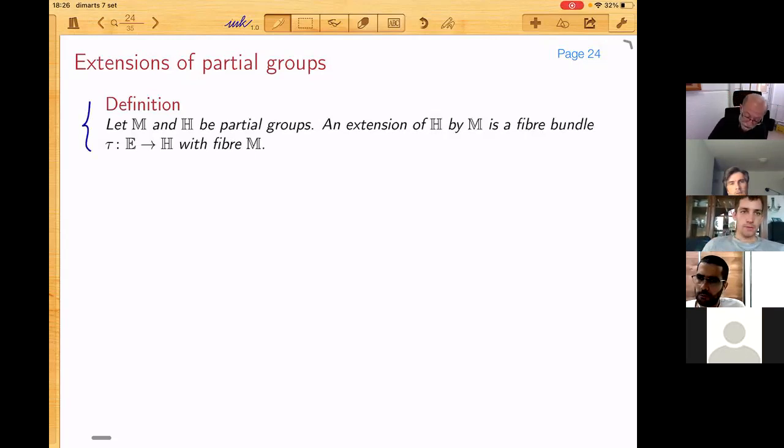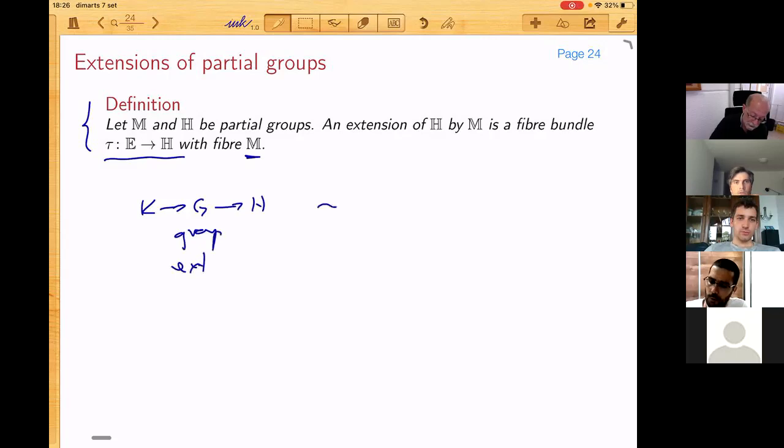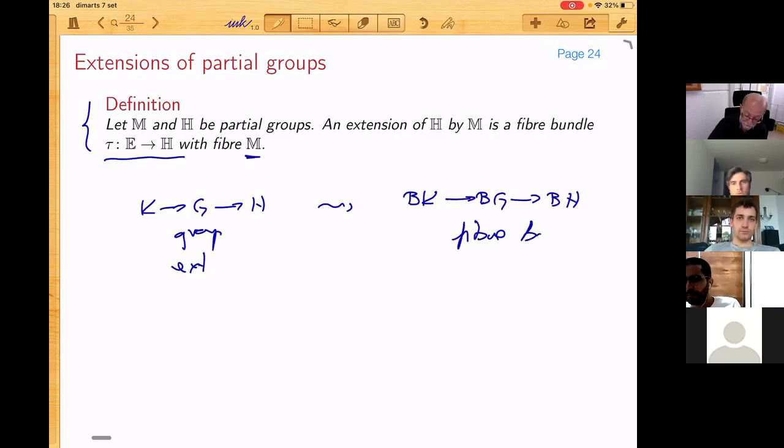So an extension is just a fiber bundle like this with fiber M. So this is what we call an extension of M by H. If you recall the theory of finite groups, you know that there is a correspondence between group extensions and fiber bundles of the corresponding classifying spaces, right? So in this case, our definition is this.